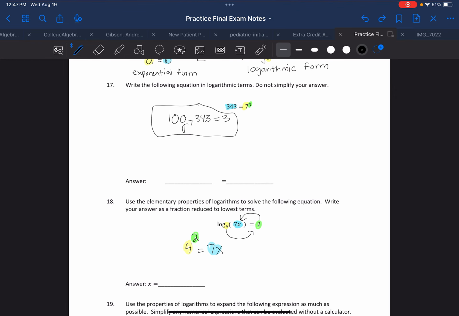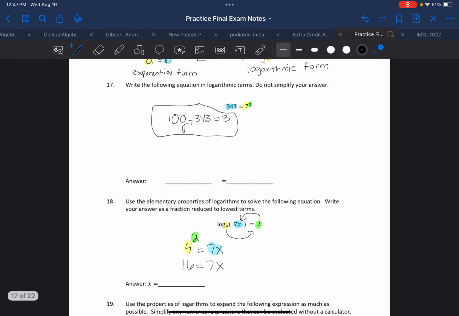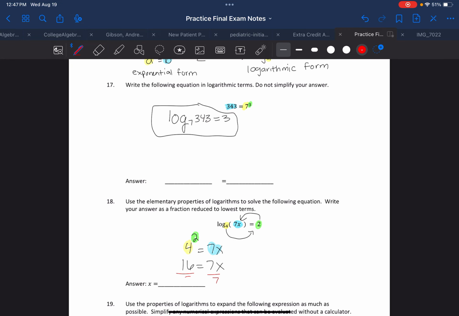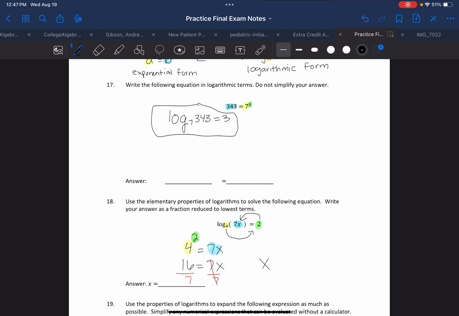So now I can actually solve this because 4 squared is 4 times 4, which is 16. And then to finish solving for x, we divide both sides by 7. So the final answer is x equals 16 over 7. That cannot be simplified any further.